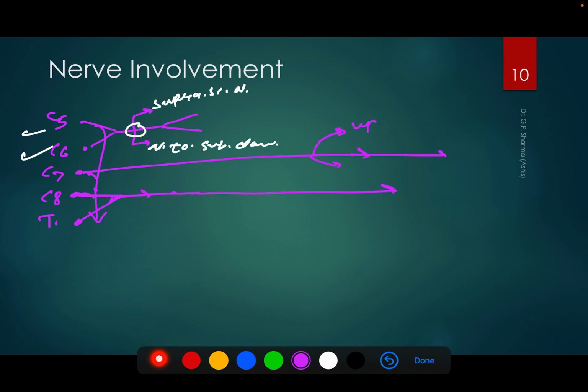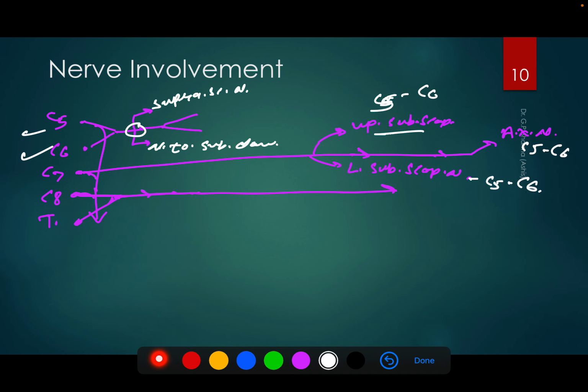This nerve was the upper subscapular nerve, that was the lower subscapular nerve, and here we have the axillary nerve, right? This axillary nerve root value is C5 C6. Upper subscapular nerve root value is C5 C6. Lower subscapular nerve root value is C5 C6.